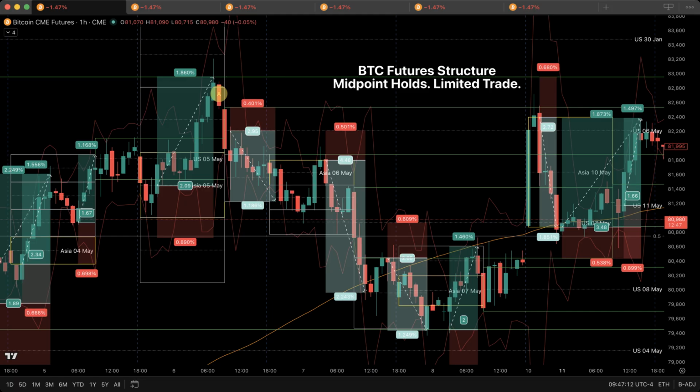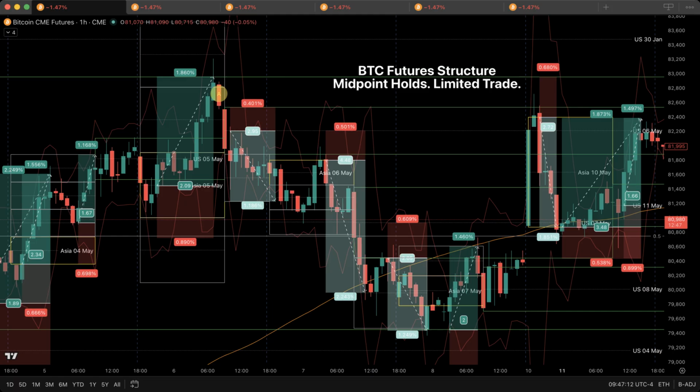Now connect the higher memory. May 10th Asia lower boundary sat near weekly 0.5. That made the long important. May 11th US formed above that lower pressure and inside the prior rotation. That showed buyers trying to hold the lower half. Then price pushed toward upper memory. So the long had logic.